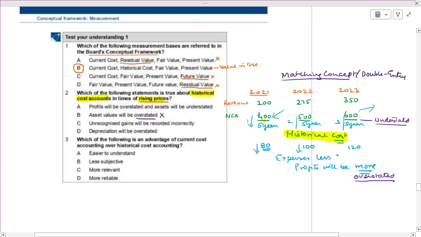Unrecognized gains: we are not showing them, because of the matching concept.